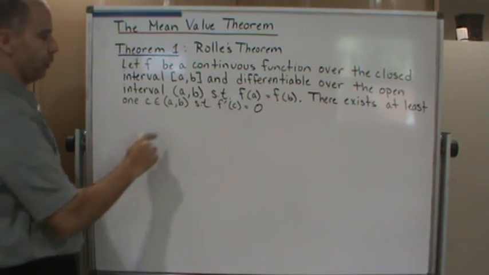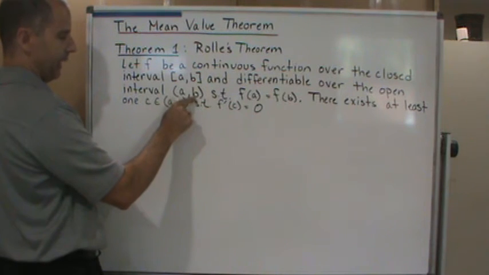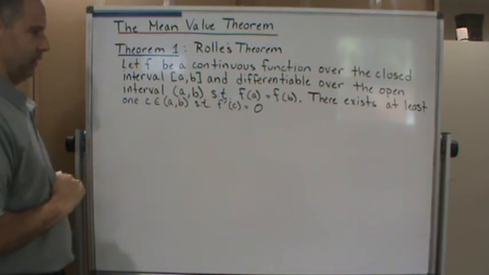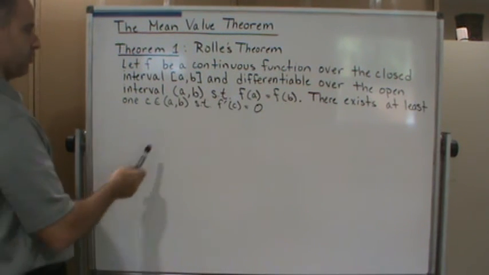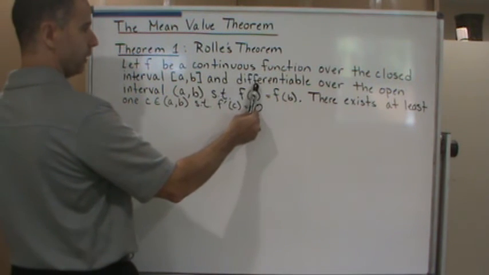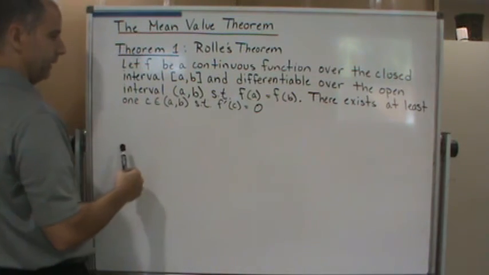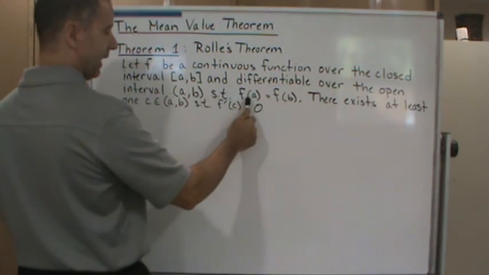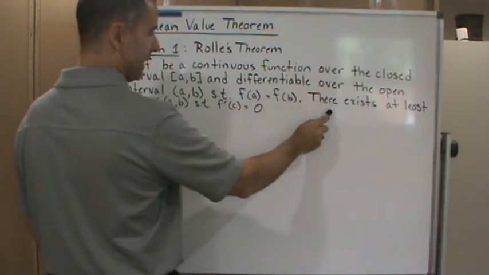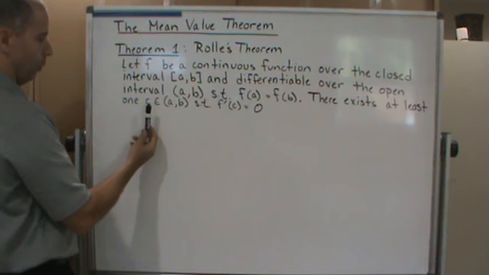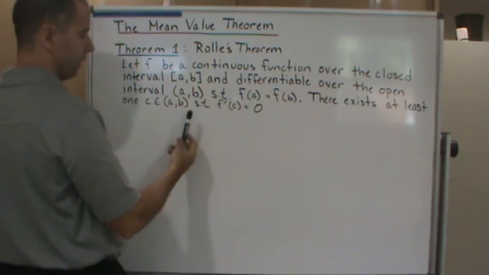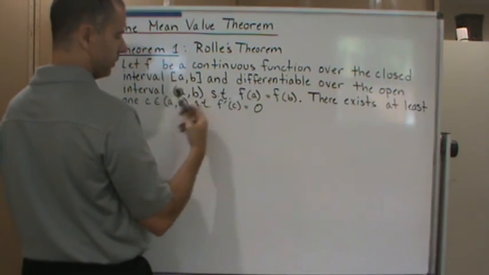And as far as differentiability, we can always find the limit as we approach b from the left or a from the right. So, as long as f is continuous over the closed interval and differentiable over the open interval (a, b), and f of a is equal to f of b, then there must exist at least one c in the open interval (a, b) such that f prime of c is equal to 0.